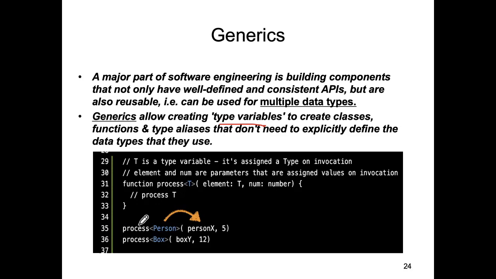And here we are invoking our function, and we're saying for this particular invocation, I want T to be a person type.